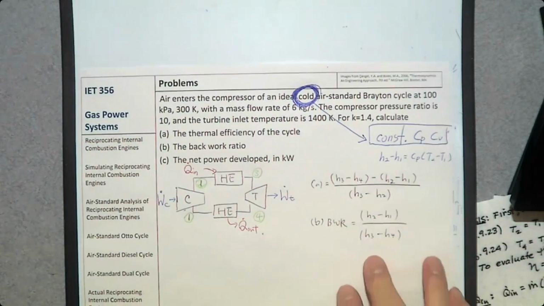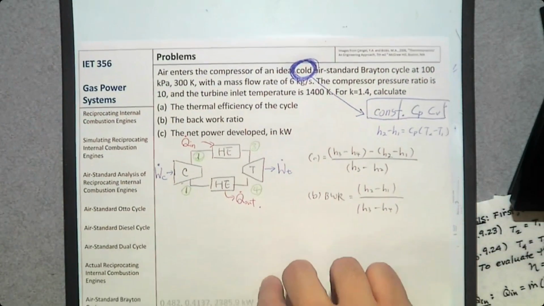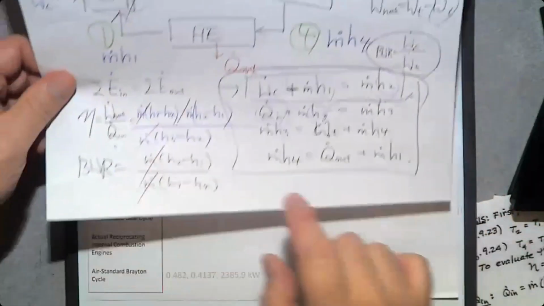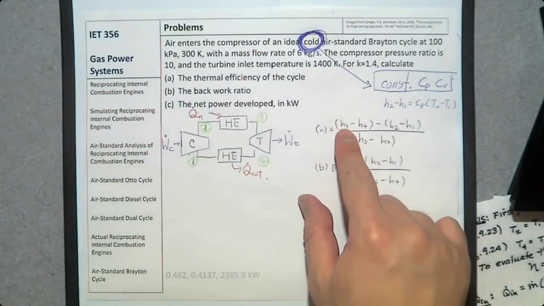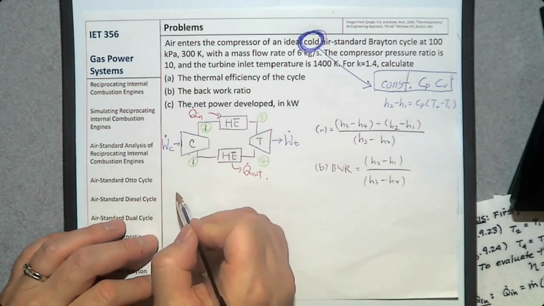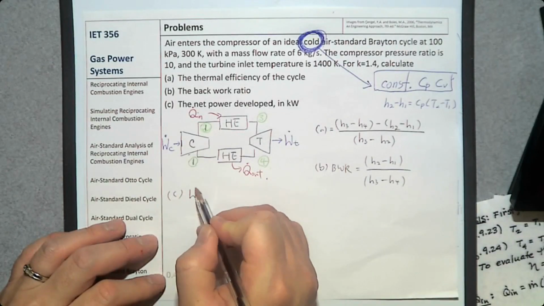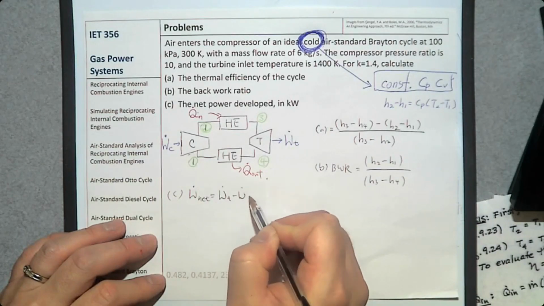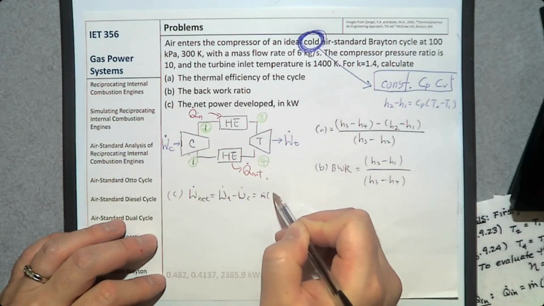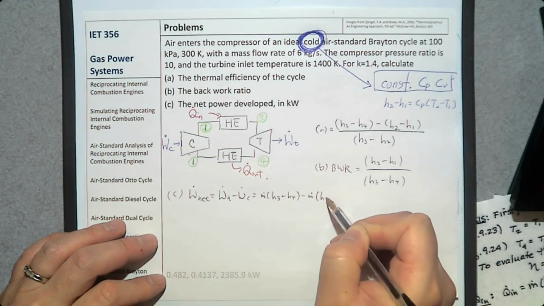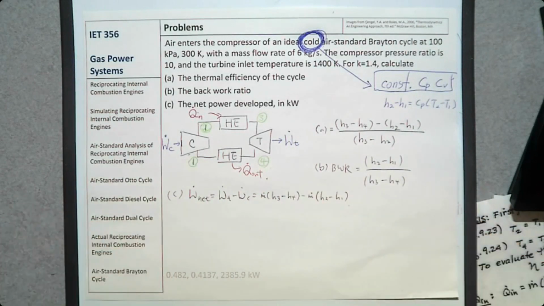The net power developed is the one in the numerator: W dot net is W dot T minus W dot C, which is M dot (H3 minus H4) minus M dot (H2 minus H1).